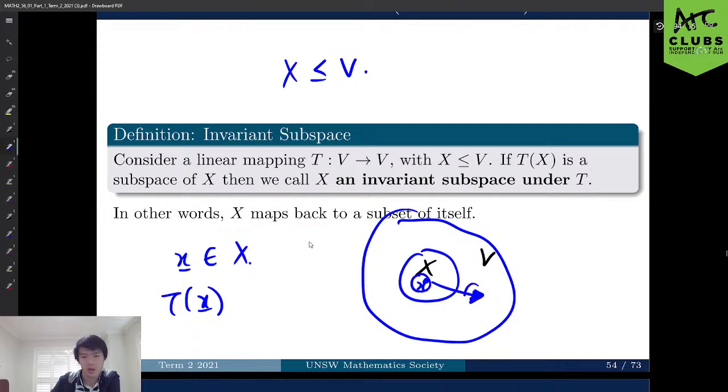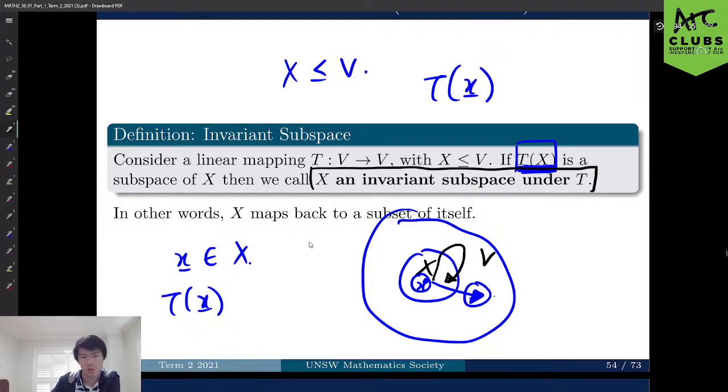So the idea is that this isn't guaranteed to happen, but if T of X, which is the subspace gotten by applying T to all the elements in X, is a subspace of X, which means that all elements in X map back to X, then X is called an invariant subspace. So X maps back to a subset of itself.